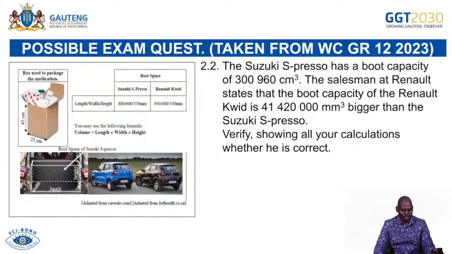Then let us look at the next information. They say the Suzuki S-Presso has a boot capacity of 300,960 cubic centimeters.